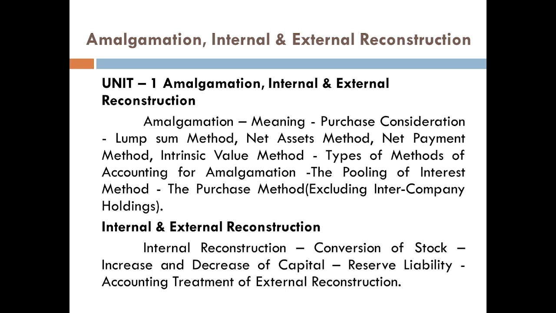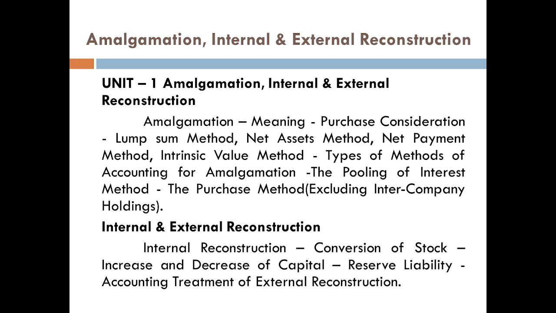In today's video, we start the UG Corporate Accounting first unit, which is amalgamation, absorption, internal and external reconstruction, where we will be looking at the meaning of amalgamation, purchase consideration, types of purchase considerations. Then we will be looking at types of amalgamation and how it is accounted, journal entries in the books of buying company, journal entries in the books of selling company.